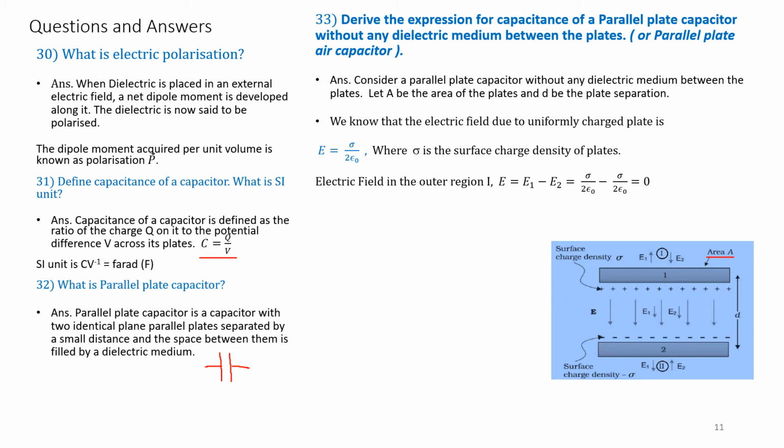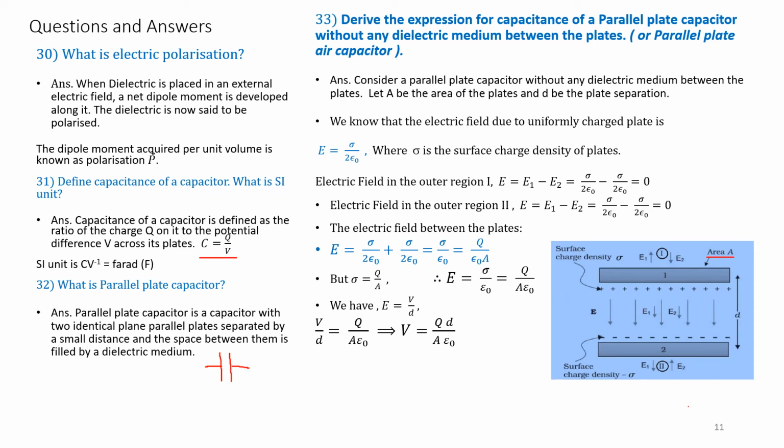Electric field in the outer region 1 is given by E1 minus E2, that is sigma by 2 epsilon naught minus sigma by 2 epsilon naught, which is equal to 0, because both oppose each other. The electric field in the outer region 2 at the bottom is also E1 minus E2, equal to 0.